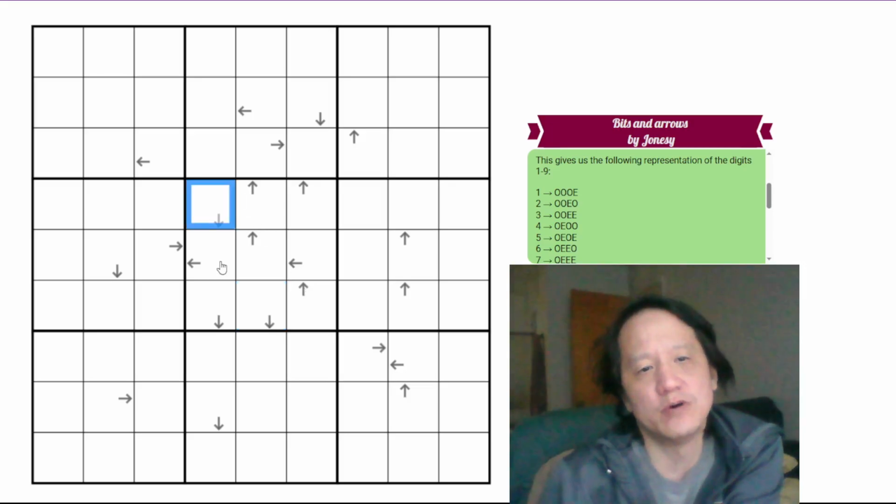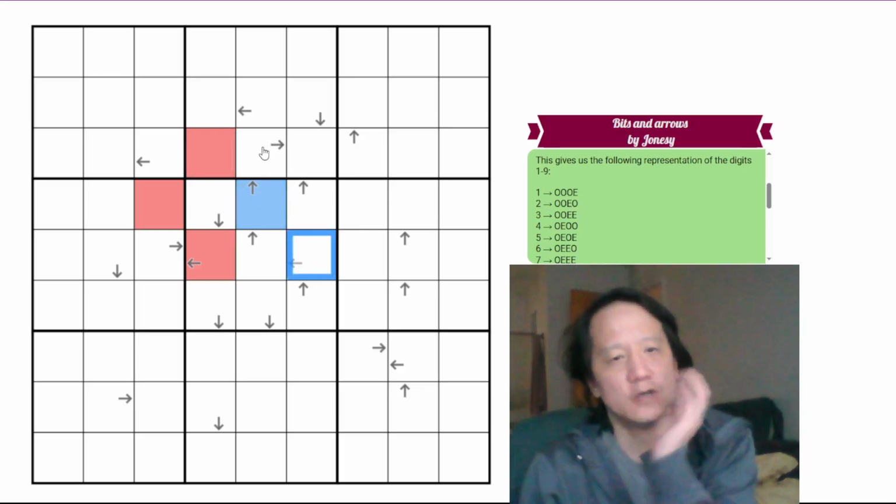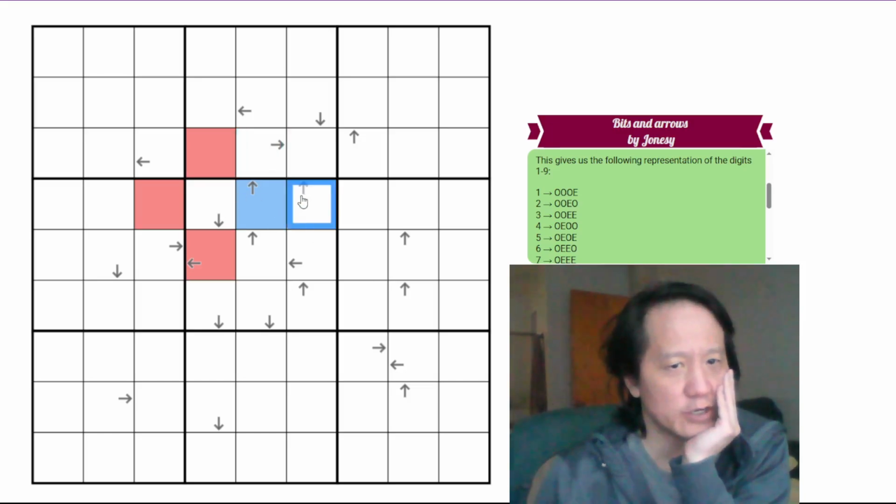So if this is 1, this would be odd, odd, odd, even. We're going to mark reds as odd and blues as even. Okay, if this is 1, that would be odd, odd, odd, even.